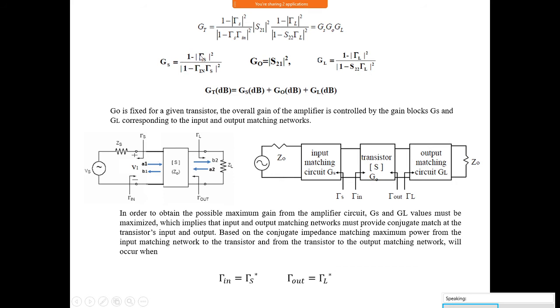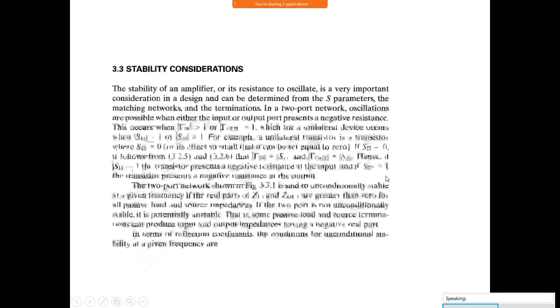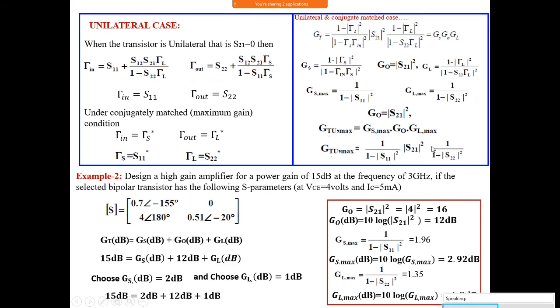So you should calculate GS maximum and GL maximum, and your requirement should not exceed that. This GS maximum and GL maximum depend upon the S parameters of this two-port network, S11 and S22.